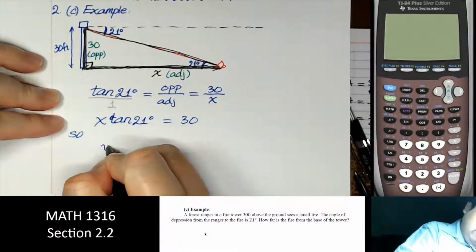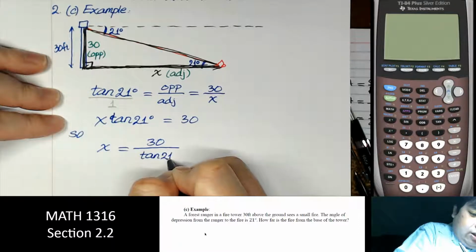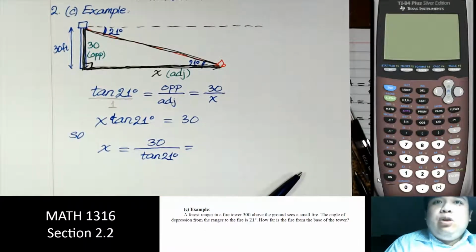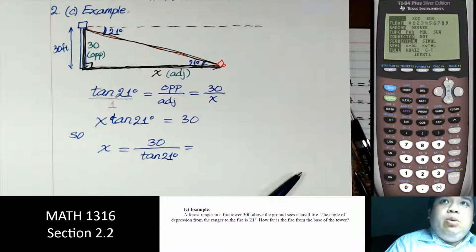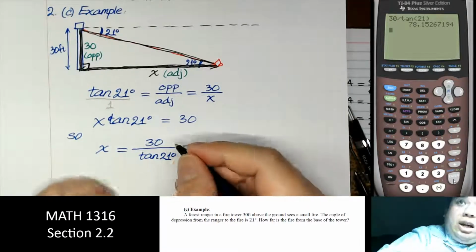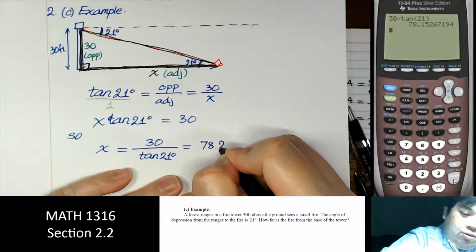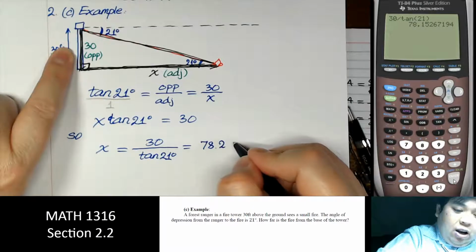So x equals 30 divided by the tangent of 21 degrees. Now we put it in the calculator. Make sure it is in the right mode, meaning degree mode. Then we have 30 divided by tangent of 21 degrees, which is 78.2, and the unit is feet.